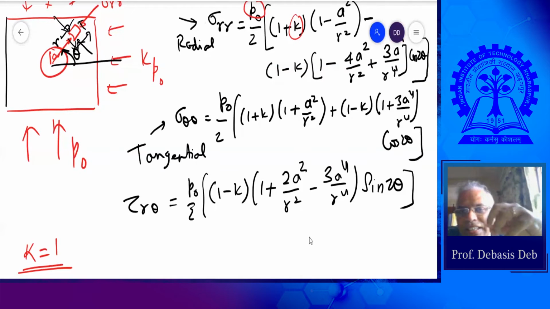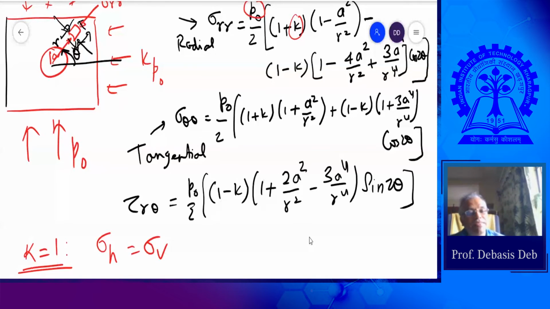I hope Professor Verma has explained all those to you. K equals to 1 means sigma H is equal to sigma V, right? This is isotropic, meaning sigma H is equal to sigma V. That means horizontal stresses are equal to vertical stress.